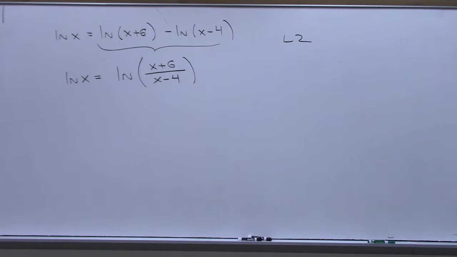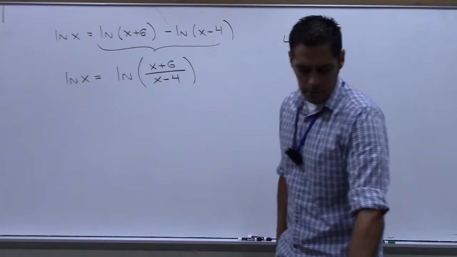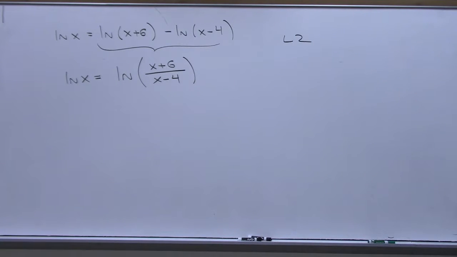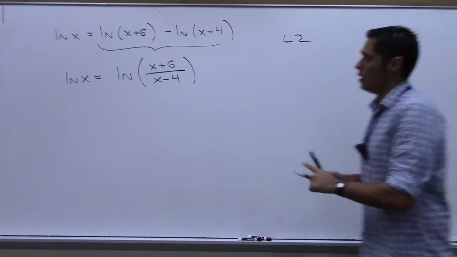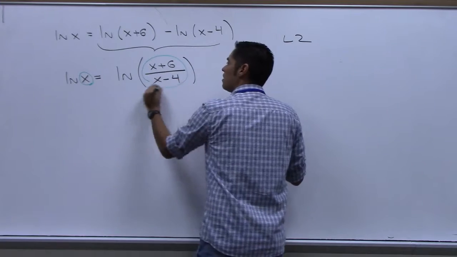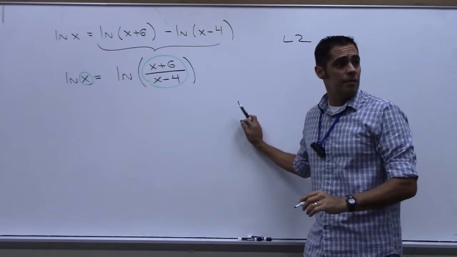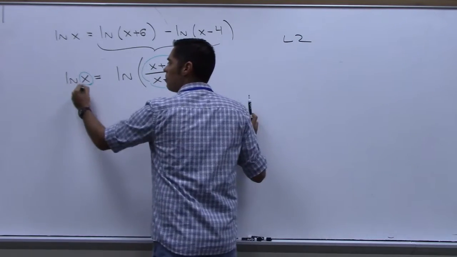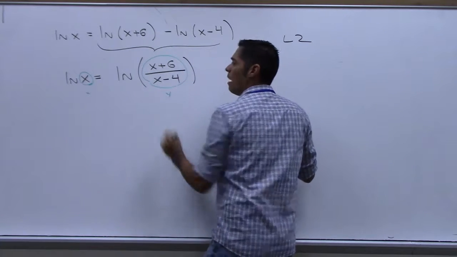Now what? You can do what? X equals what? Oh, you can take the argument of this one and just set it equal to the argument of this one? Yeah, do you all agree? Look, this is like natural log x equals natural log y, isn't it?